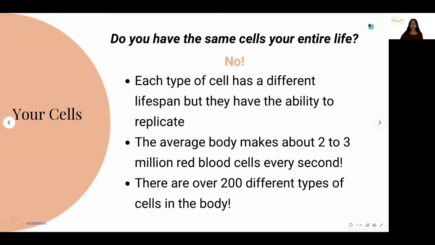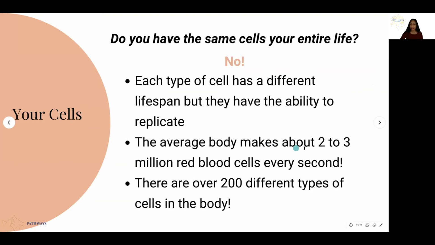Another important question that we have to ask ourselves is, do you have the same cells your entire life? Meaning, are the cells that were in your body when you were born the same cells that are in your body now? And the answer to this question is no. Each type of cell has a different lifespan, but they have the ability to replicate themselves. Basically, they have the ability to replicate whatever is inside the cell and then split into two.